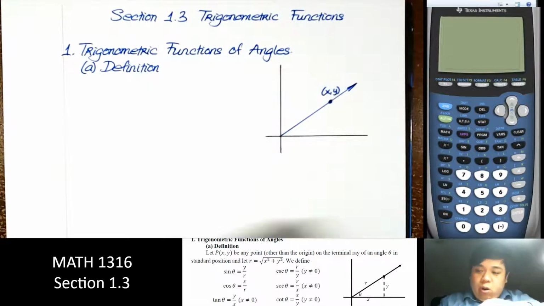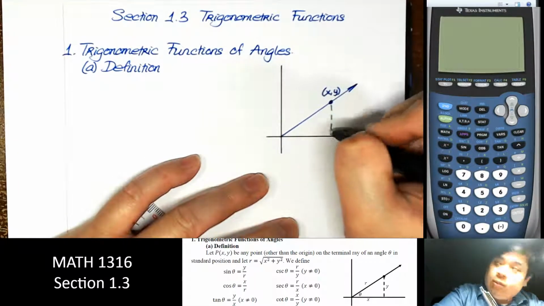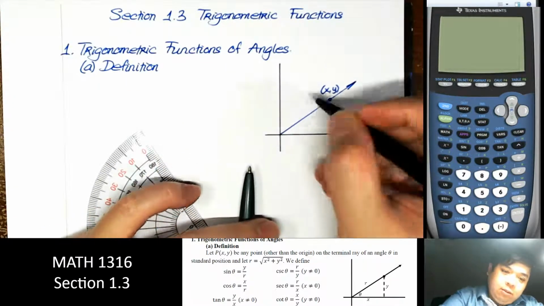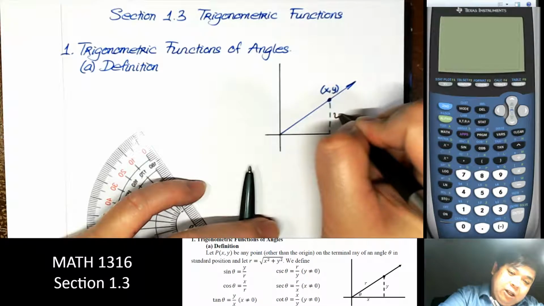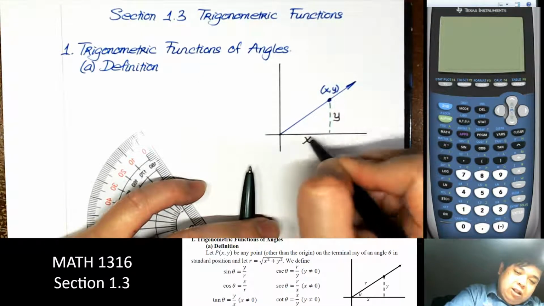And then if we're going to draw it, this is going to be y, the height, and x, the horizontal distance.